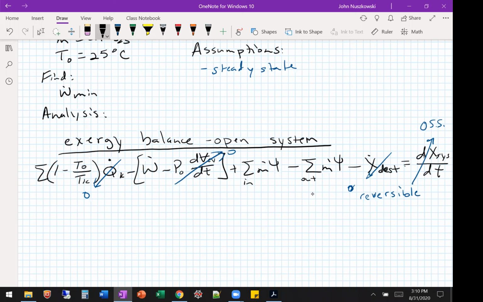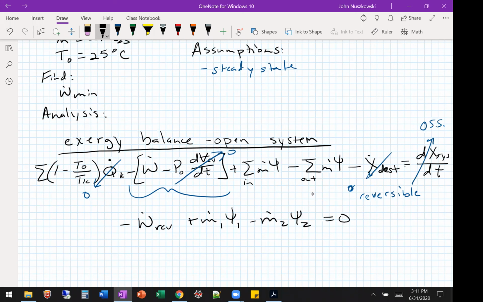Okay, so we're left with, right here, for reversible, we can just change this whole thing to reversible. Apparently I'm shouting it, making it so big. All right. And we have mass flow rate at 1 carrying in flow exergy, mass flow rate at 2 carrying out flow exergy.